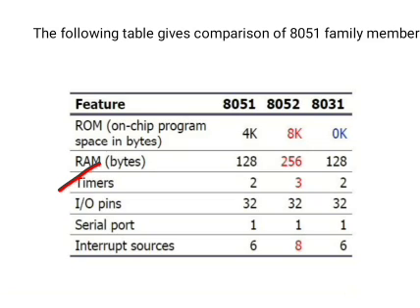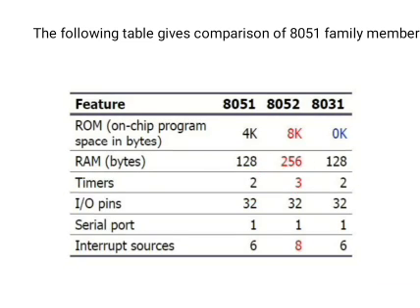And next, timers. The 8051 has two 16-bit timer event counters, but the 8052 has an extra 16-bit timer event counter. The 8031 has two 8-bit timer and event counters.